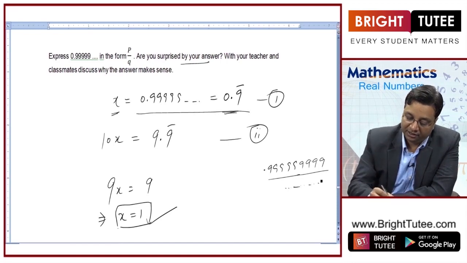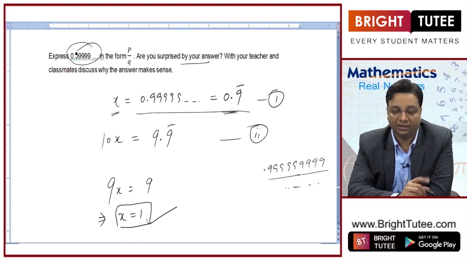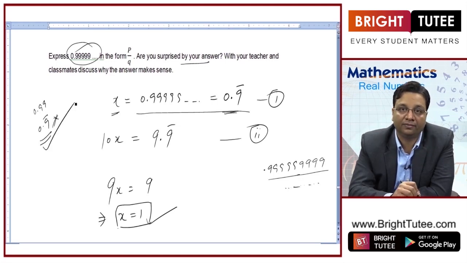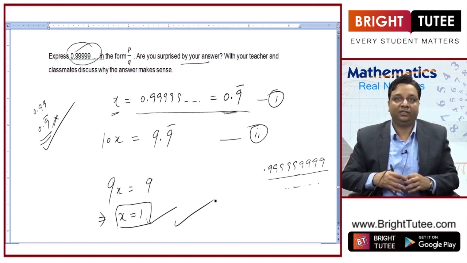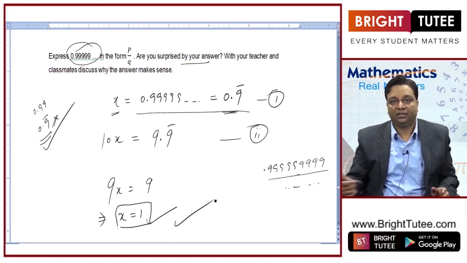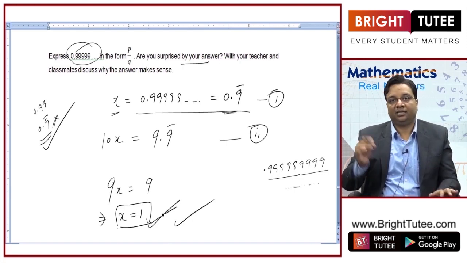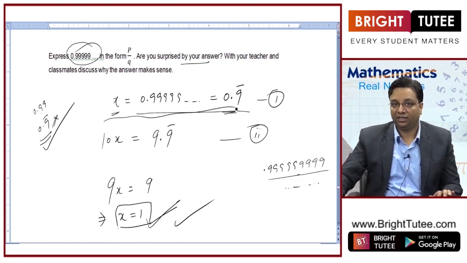Now this is equal to 1, this is not smaller than 1, right? If someone says that a number just smaller than 1 is 0.99 or 0.9 bar, this is wrong, because this is not smaller than 1, this is equal to 1, right? We saw it here also. We didn't skip any step, our process was flawless. So we reached a neat answer, which is x equal to 1. Hence we can say that this number here is exactly equal to 1, it is not lesser than 1.